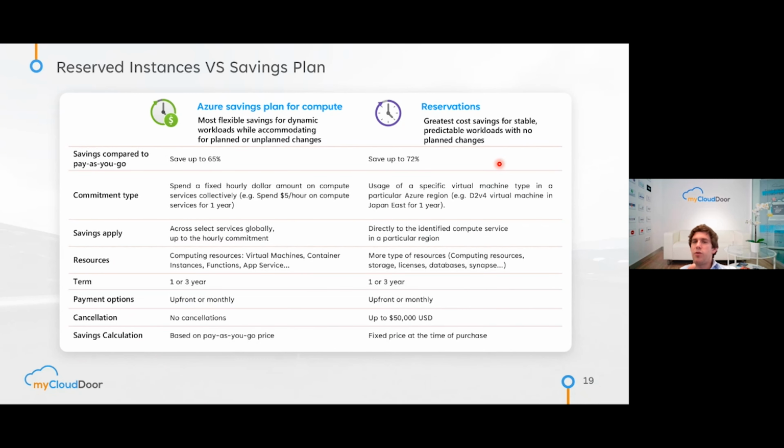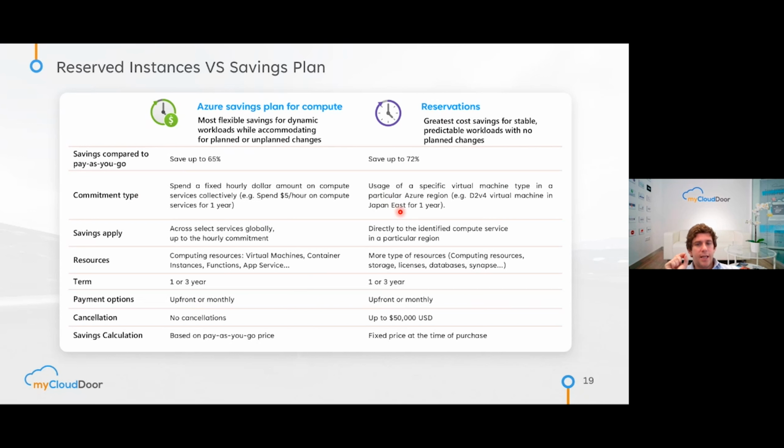So let's see a comparison between both, because they are similar, but there are some specific differences. As we've seen before, a savings plan gives savings up to 65%. Reservations, savings up to 72%. The commitment for a savings plan is a fixed hourly commitment across all my compute services.